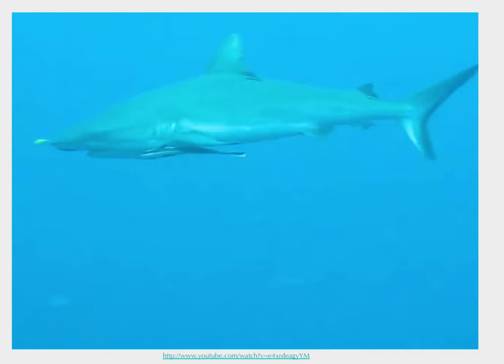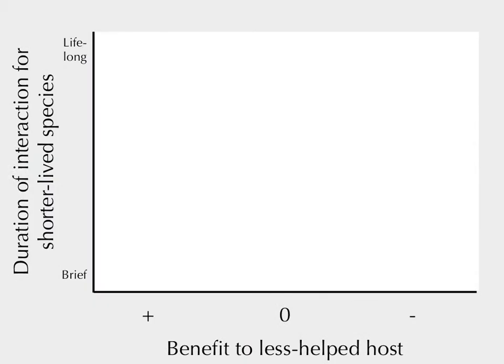It could be the same thing with the shark: if it worked really hard to get the remora, maybe it's not worth it. Also note there's a little pilot fish that rides the pressure wave in front of the shark. Okay, good. So for the remora and shark, it's a moderate duration, and it can have some cost to the shark, probably not a lot.